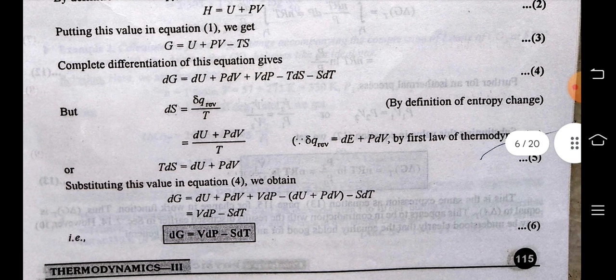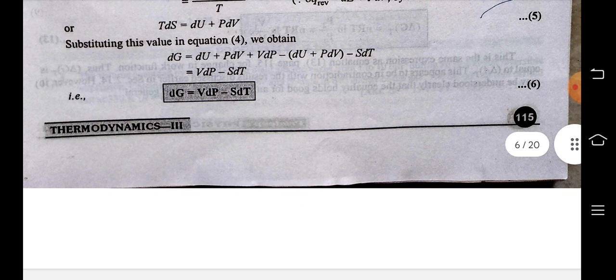Complete differentiation of this equation gives dG is equal to dU plus P dV plus V dP minus T dS minus S dT. T dS is equal to δQ reversible, which is equal to dU plus P dV, so T dS is equal to dU plus P dV, equation 5. Substituting this value in equation 4, we obtain dG is equal to dU plus P dV plus V dP minus dU minus P dV minus S dT. dG is equal to V dP minus S dT, equation 6.